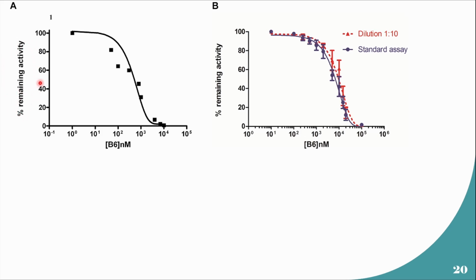The point at which the y-axis value touches 50%, so it has 50% remaining activity after applying a certain concentration of these inhibitors, gives us the IC50 value of the particular small molecule inhibitor that we are trying to inhibit with.